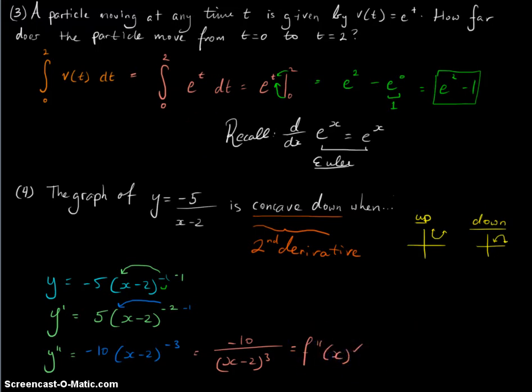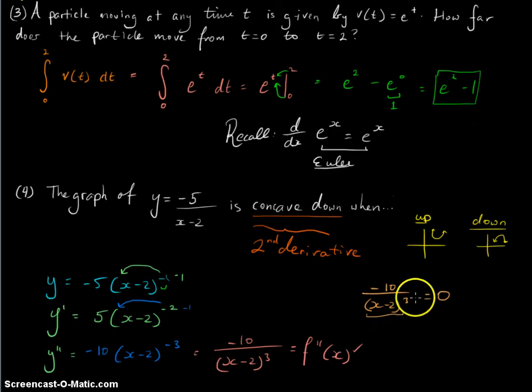Okay, now to find the critical points, we set this equal to 0. So we set negative 10 over x minus 2 cubed equal to 0. So when is it equal to 0? Well, if this is undefined, then this is a critical point. Remember, critical points are when it's equal to 0 or undefined. But in this case, we have no general way of seeing if it's equal to 0.